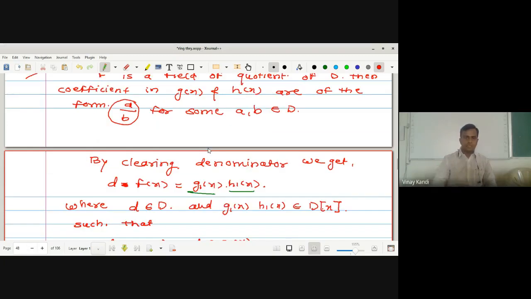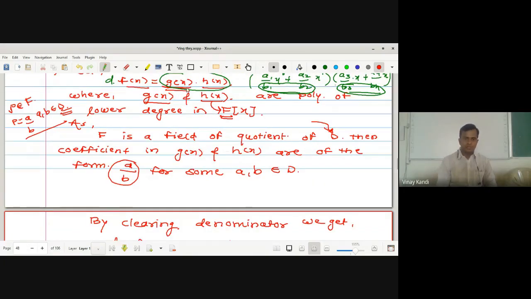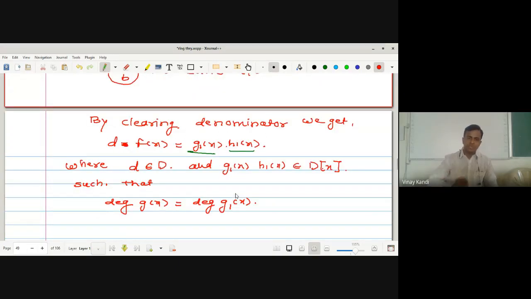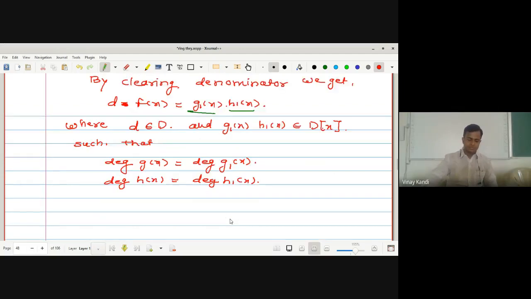The degree of h of x and degree of h1 of x also same. आपण कोएफिशिएंट ने वर मल्टीप्लाय केलं त्या LCM. So there is no effect on the degree.